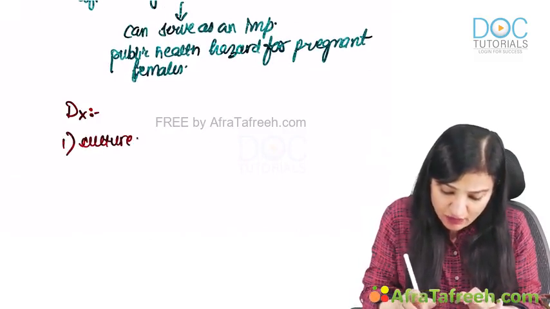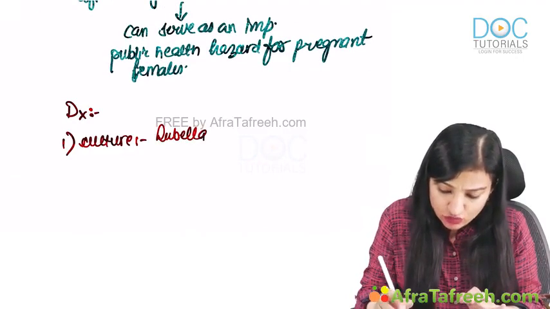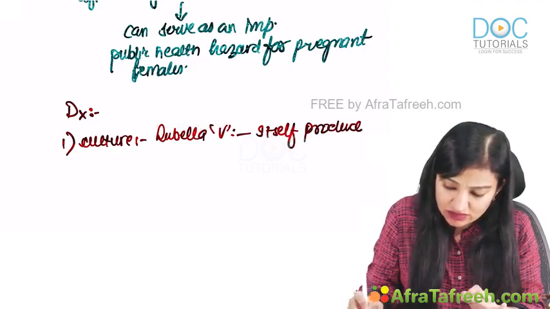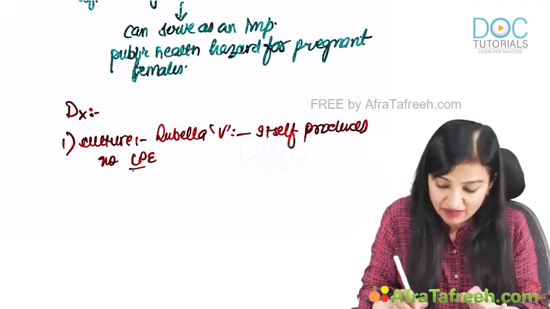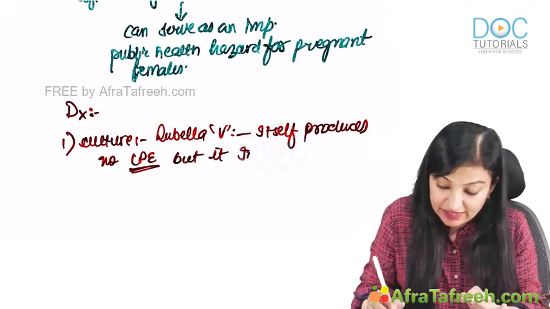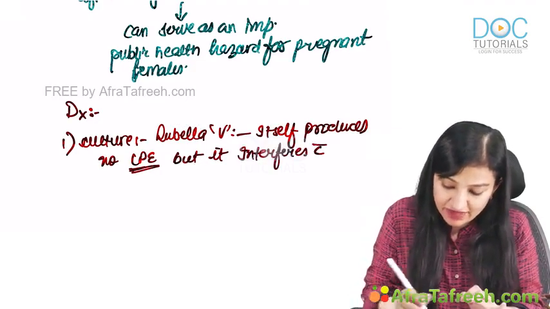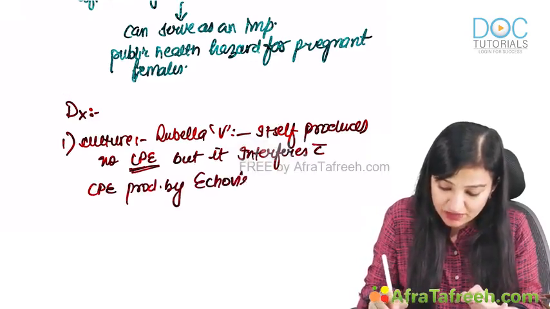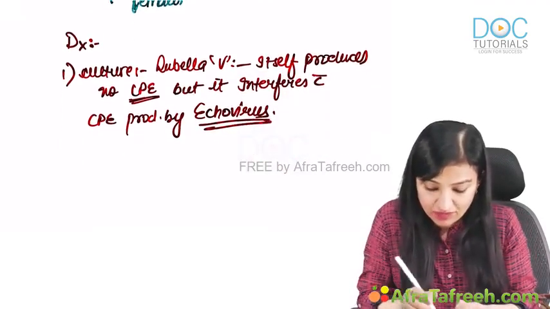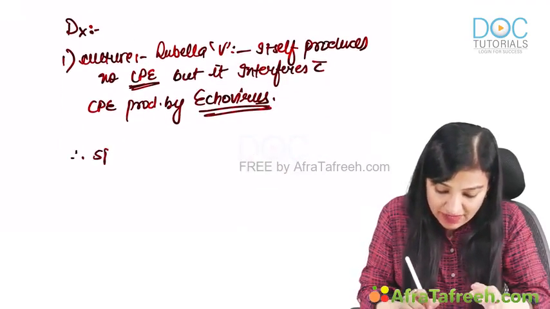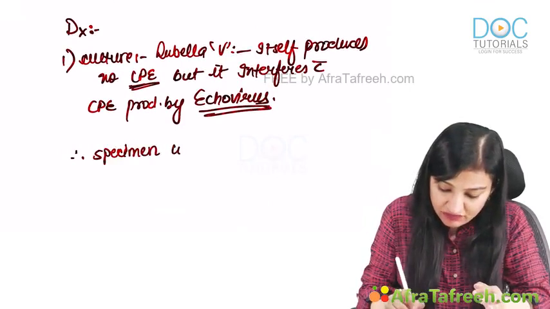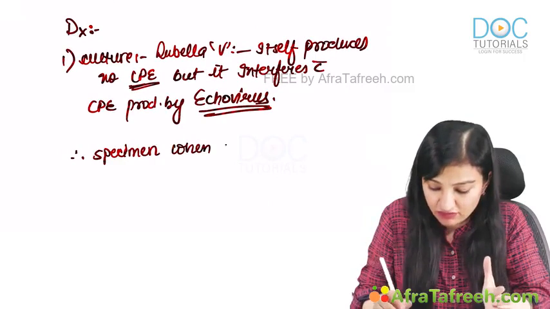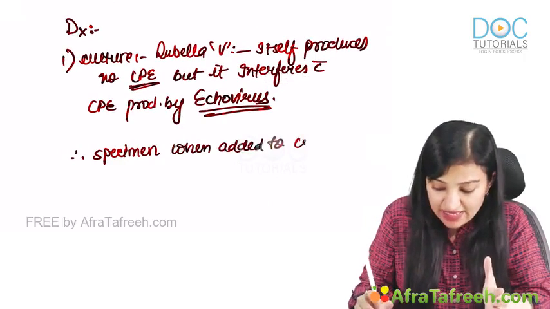Culture. Remember, rubella virus itself produces no cytopathic effect, but it interferes with the cytopathic effect produced by the echovirus. So suppose you take a blood specimen from the patient and add it to the cell line.